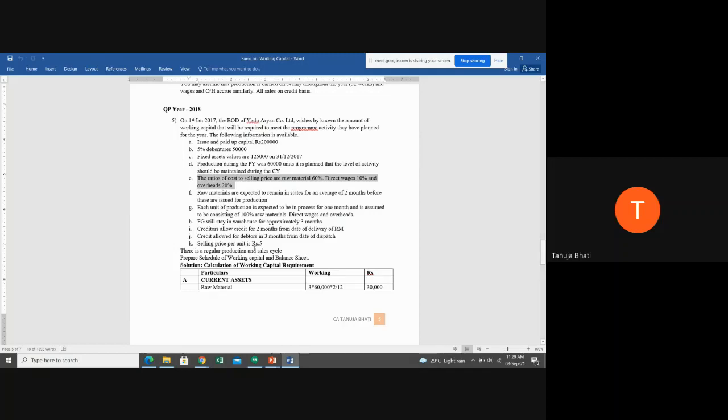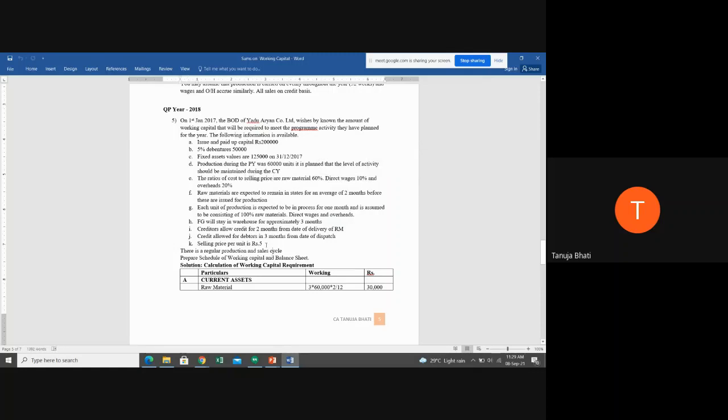It is 60% of 5, because the ratio of cost to selling price for raw material is 60%. So if the selling price here is rupees 5, then what will be the cost of raw material? 60% of the selling price. That is 3 will be the cost of raw material. What is the cost of direct wages? 10% of selling price.